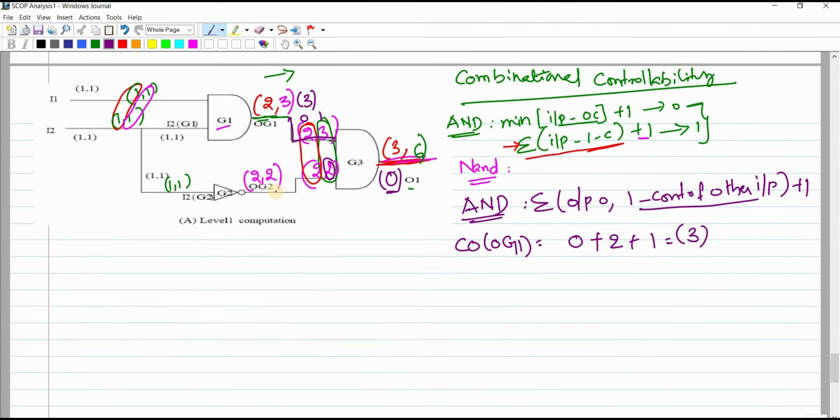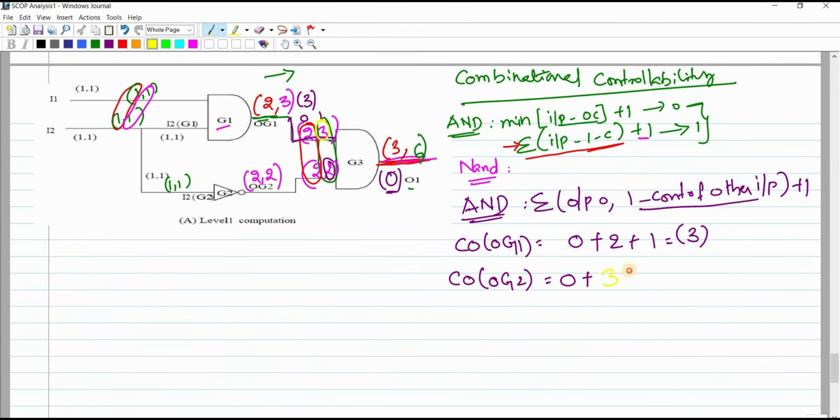So next, combinational observability of OZ2. It is the same AND gate. Sum of output observability 0, and 1 controllability of other input, so this one 3.